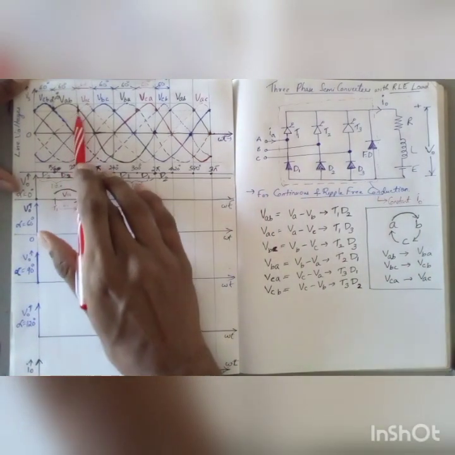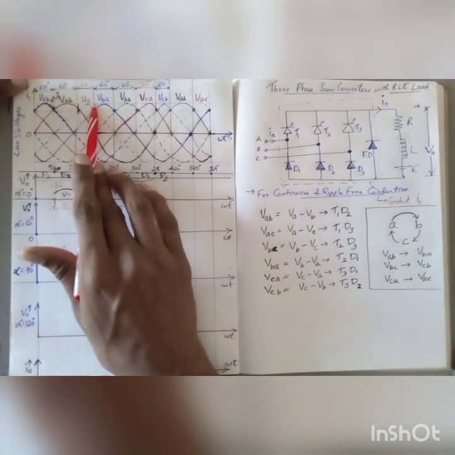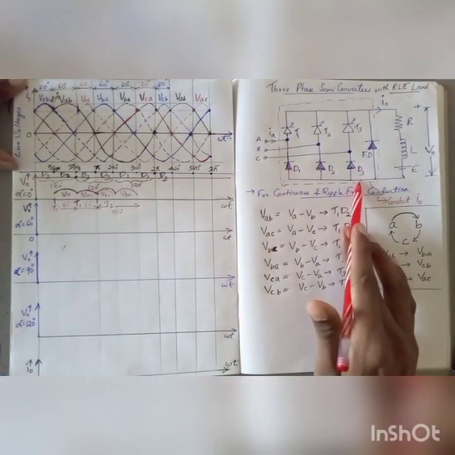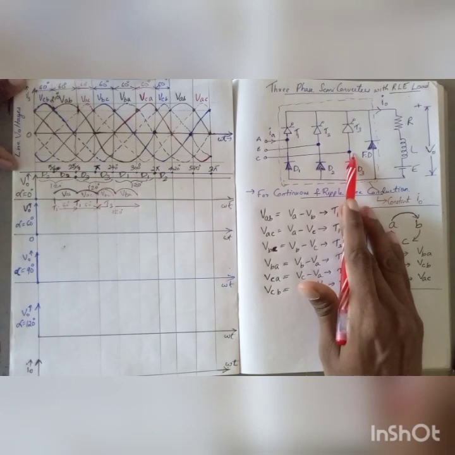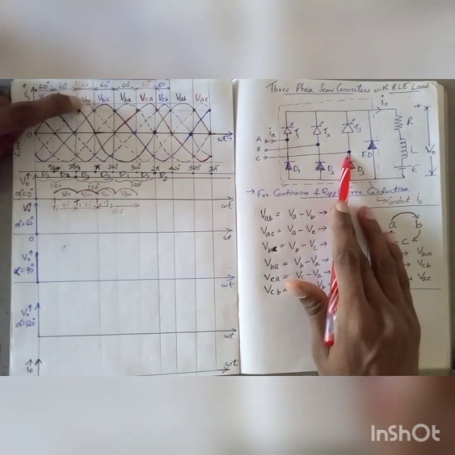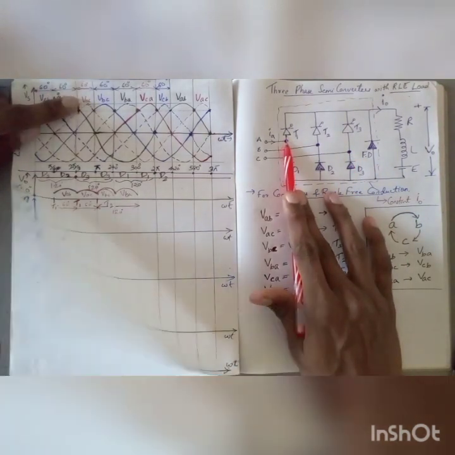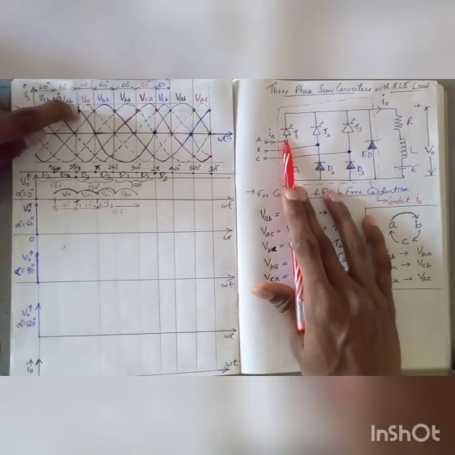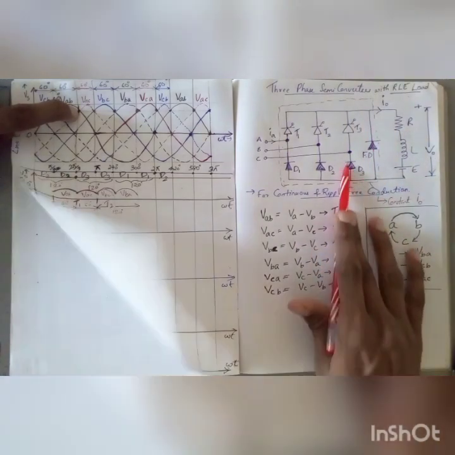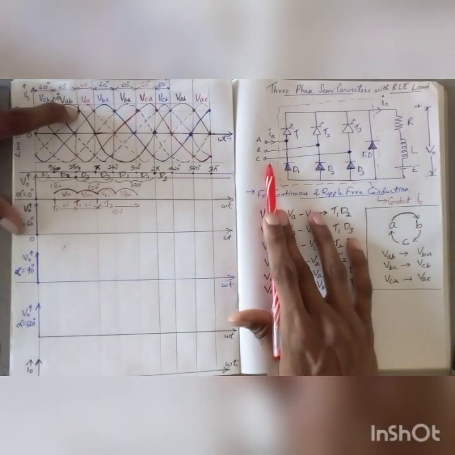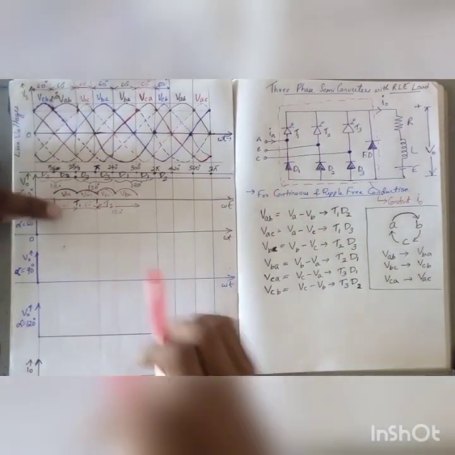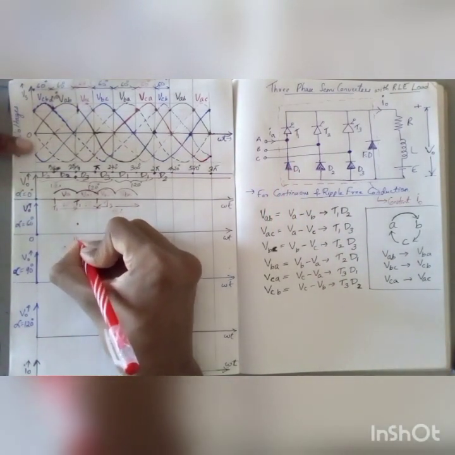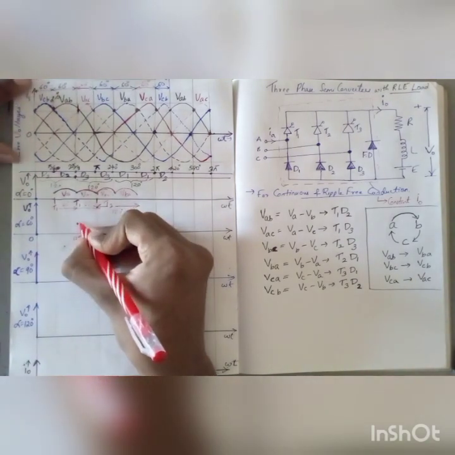At omega t is equal to 120 degree onwards, VAC will be greater when compared to other voltages. So VAC means D3 will be conducting. Already D3 is in conducting state, and it is VA positive, means T1 is in forward blocking mode and it is triggered at alpha is equal to 60 degree. So at 120 degree, T1 is conducting, means T1 and D3 is the combination. So VAC will appear across V0. So from omega t is equal to 120 degree onwards, my T1 starts conducting.